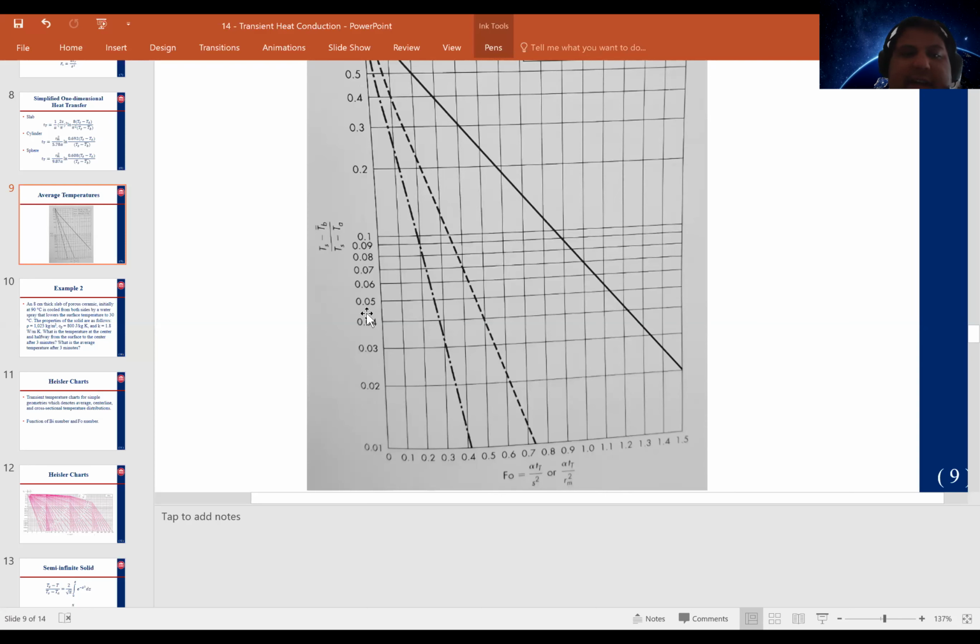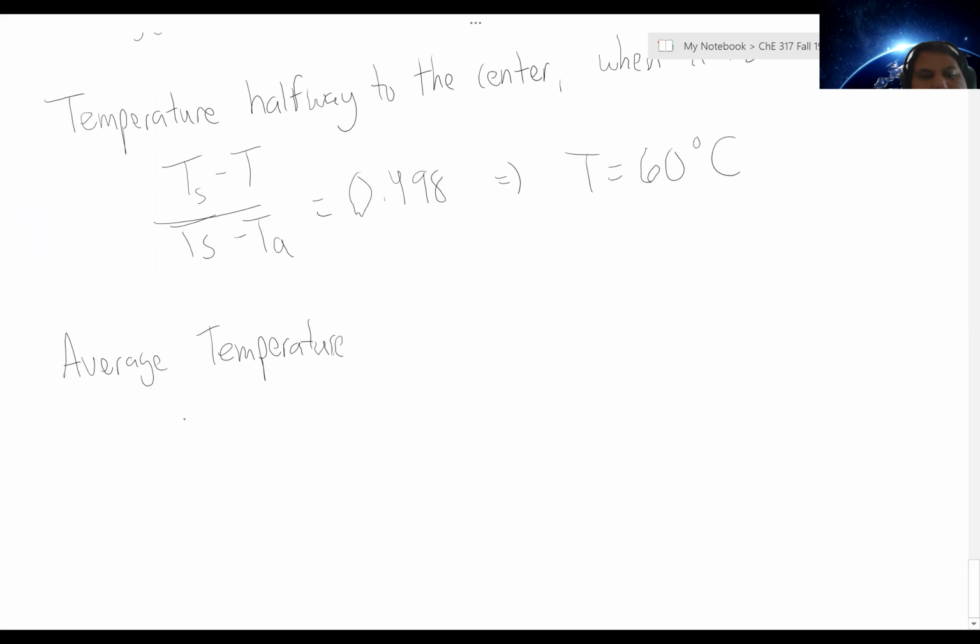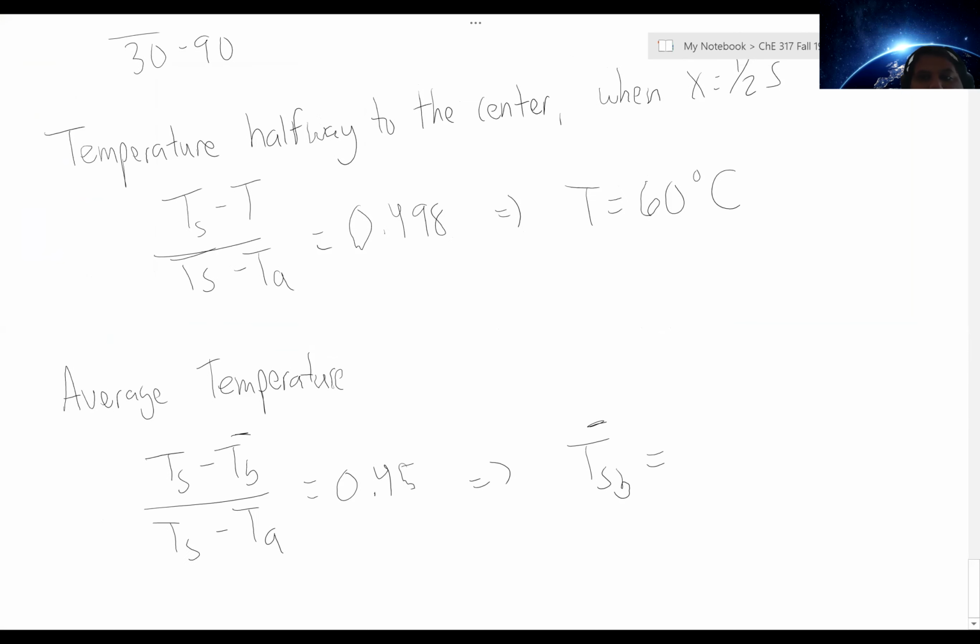So Ts minus T bar over Ts minus Ta is about 0.45. Which implies our T bar through algebra, we get a value of approximately 57 degrees.